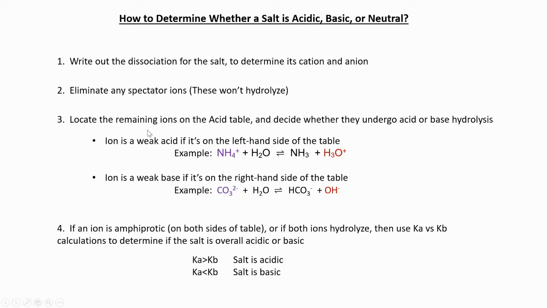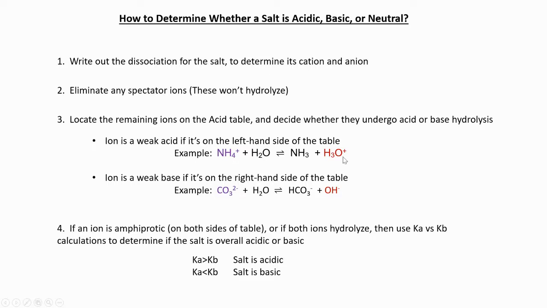Then we have to locate the remaining ions on the acid table and decide whether they undergo base hydrolysis or acid hydrolysis. For example, if we have NH4 plus, this is going to go under acid hydrolysis because we're producing H3O plus. It produces an acid in solution.